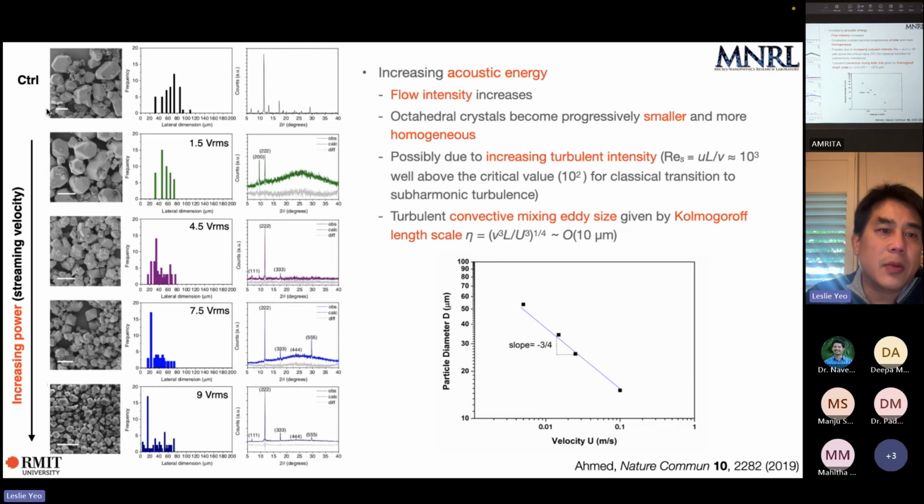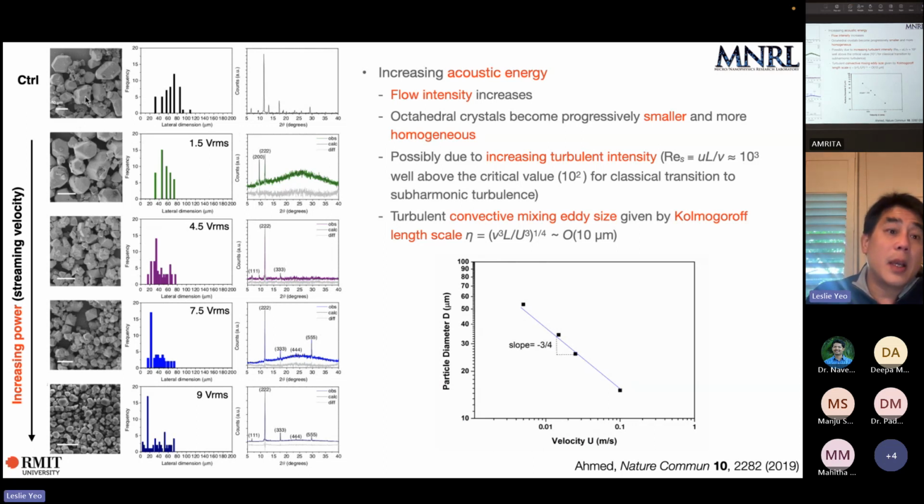You can see that with the control, they're quite polydispersed, they're quite large, and as you increase the input power of the acoustics, you create a more intense centrifugation flow.